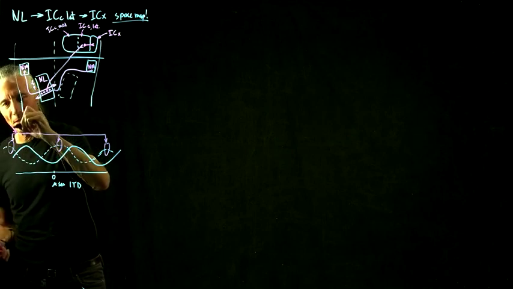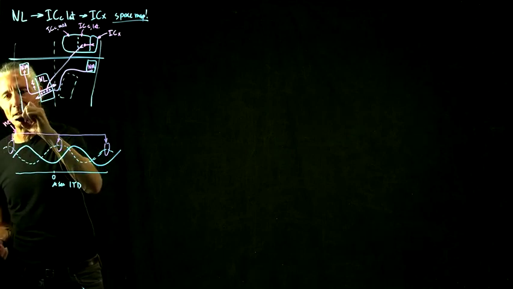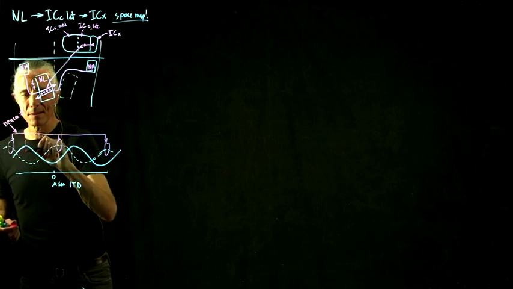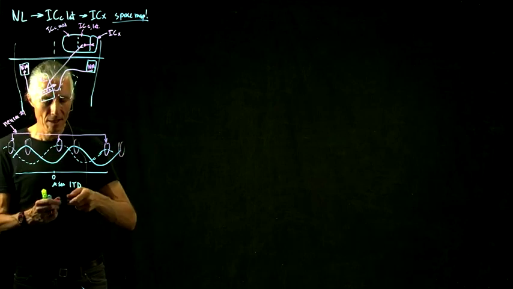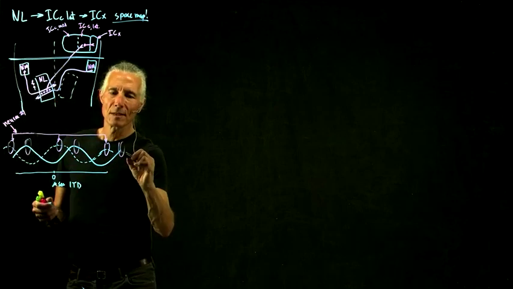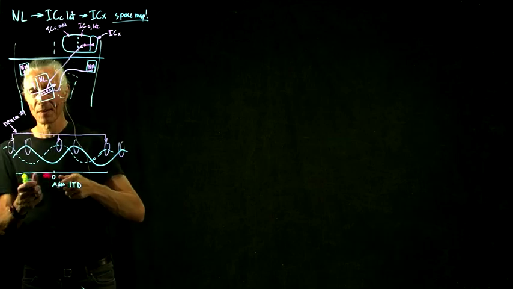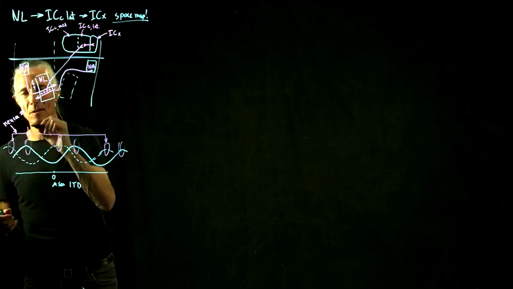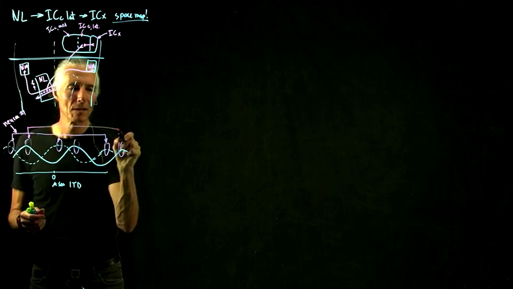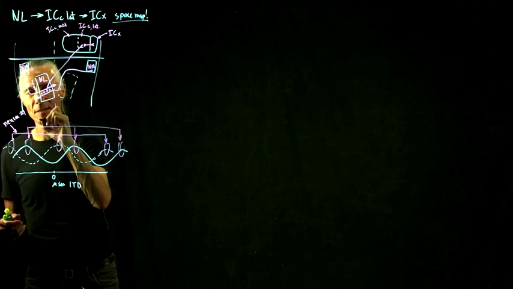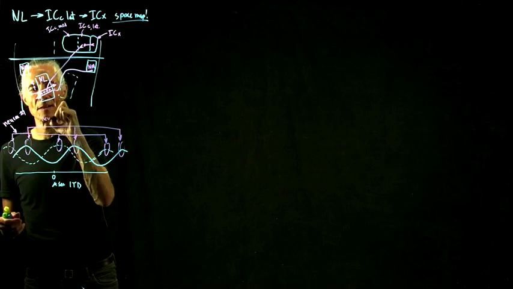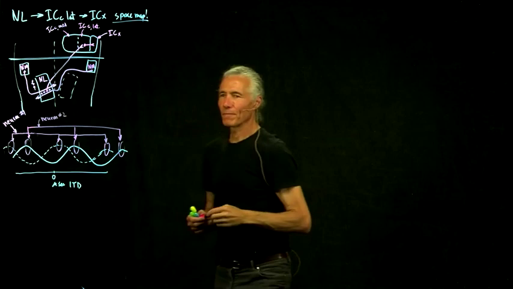So here's neuron 1. And then this guy is ambiguous also. It says it might be these different interaural time differences. And so that's neuron 2. So neuron 2 is also ambiguous, but it has a different ambiguity.